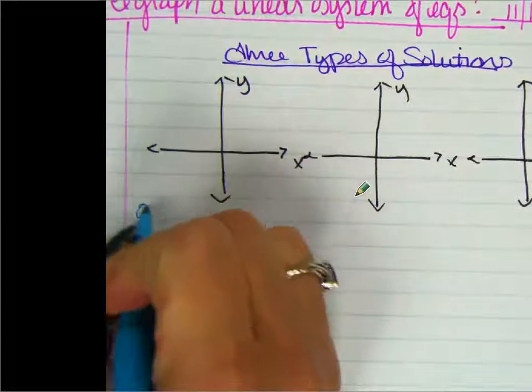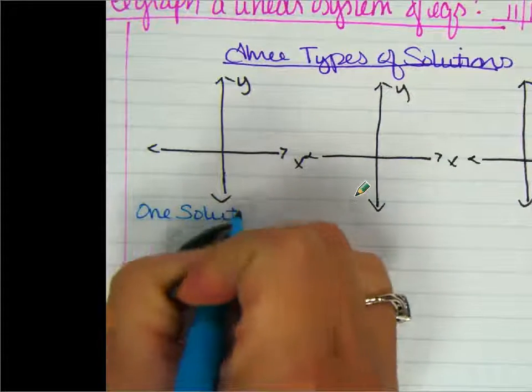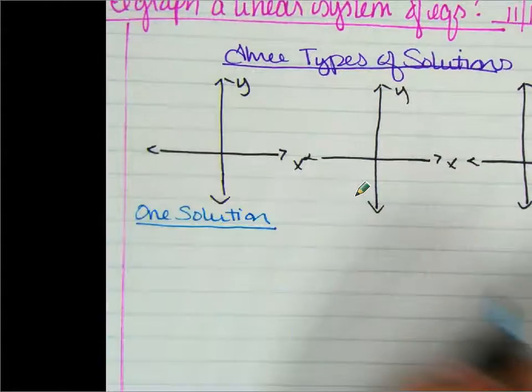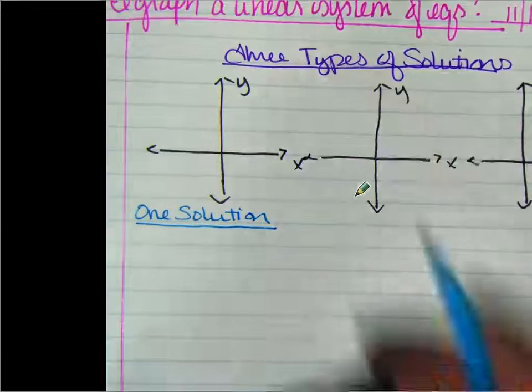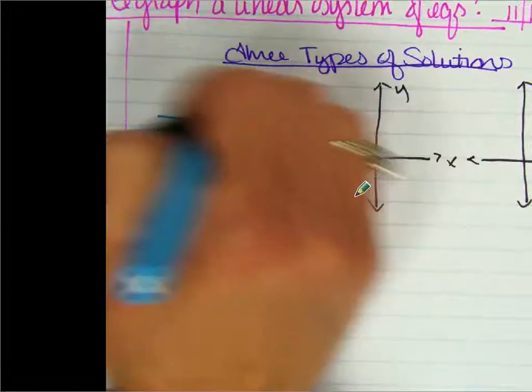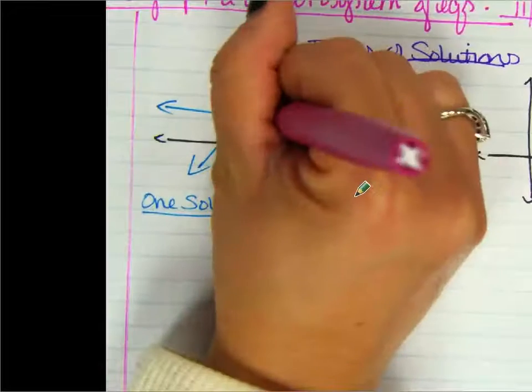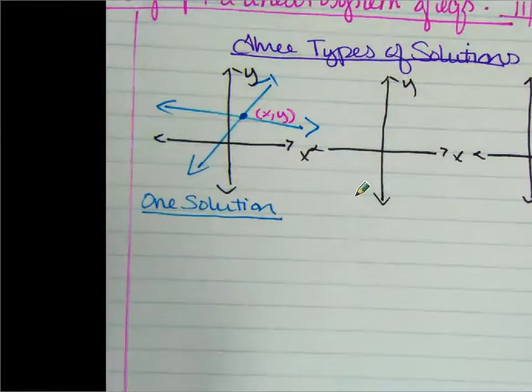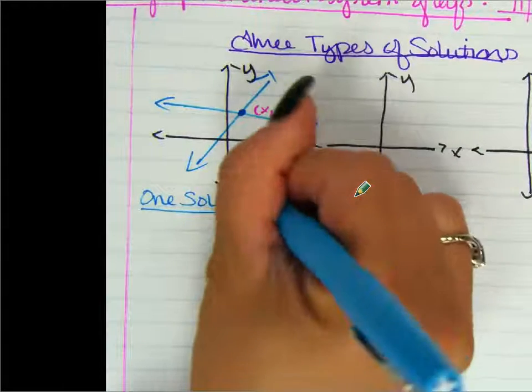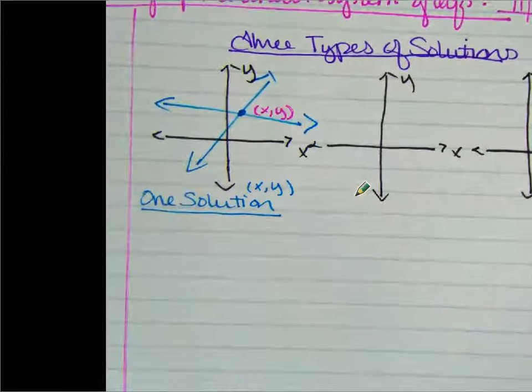The first one is one solution. One solution is when you have two lines that intersect at a point. The point is x comma y. In other words, we get x equals a number, y equals a number.